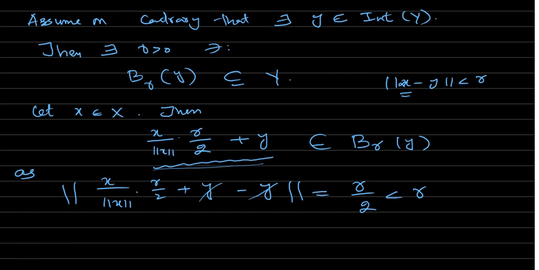So that means this point lies in the ball, and this ball is contained in Y, so this point also lies in Y. This gives x divided by norm x times r by 2 plus y is also in Y.